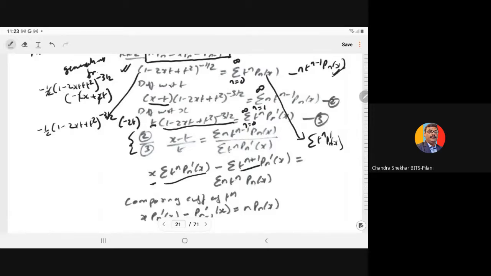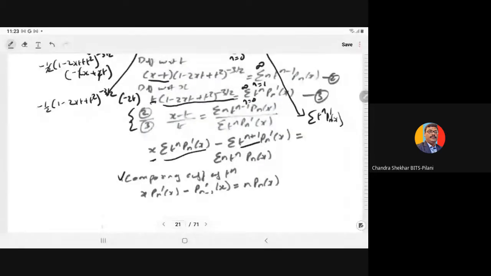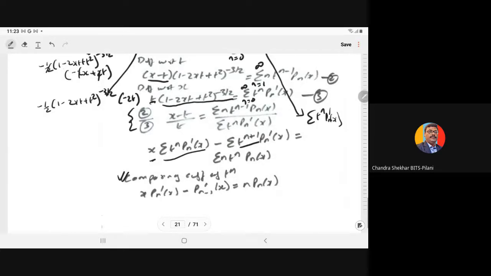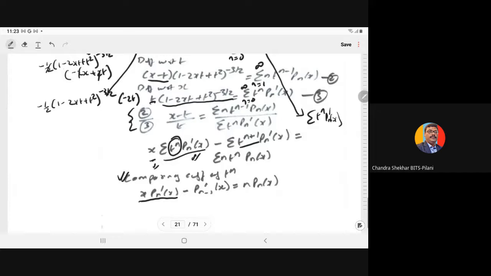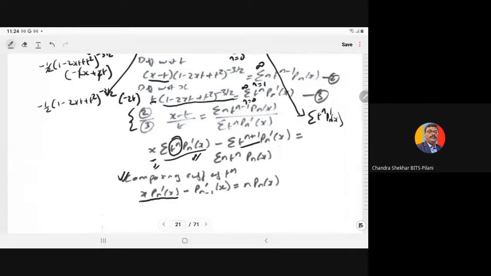Now compare the coefficient of t to the power n on both sides. Here the coefficient of t to the power n will be x into P_n dash x. From the second expression, we get the coefficient of t to the power n when we put n equal to n minus 1, so it becomes P_n minus 1 dash.